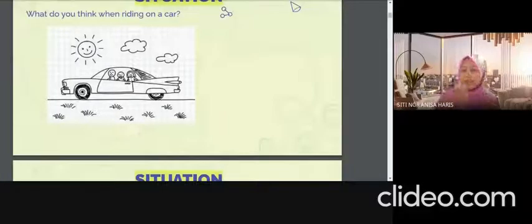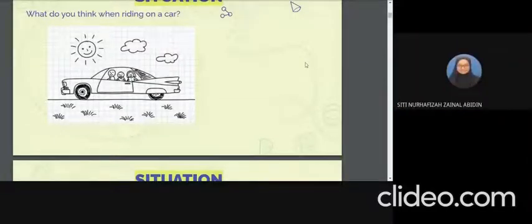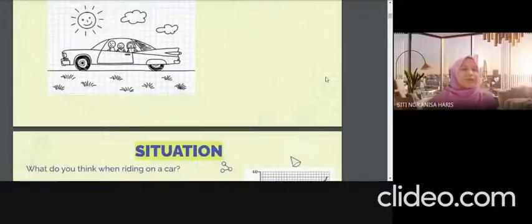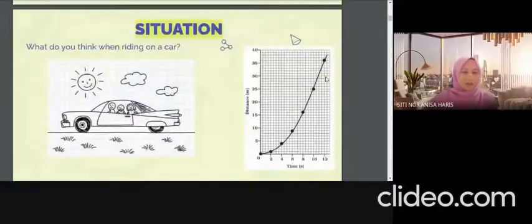When the speed is not constant, what do you think about the graph that we will get to represent the speed of the car? Maybe it's a curve. Yes, we will get a curve graph because it is non-uniform motion. So here is the graph.